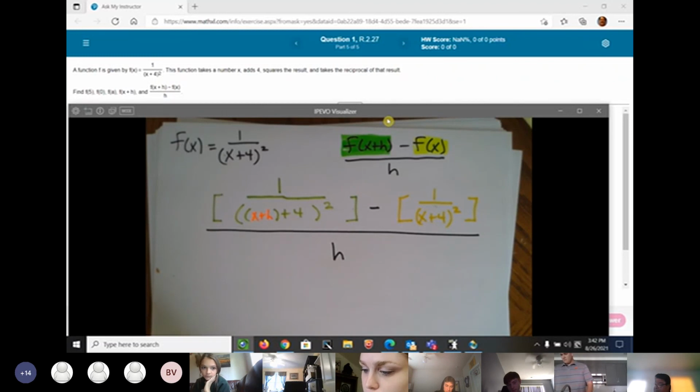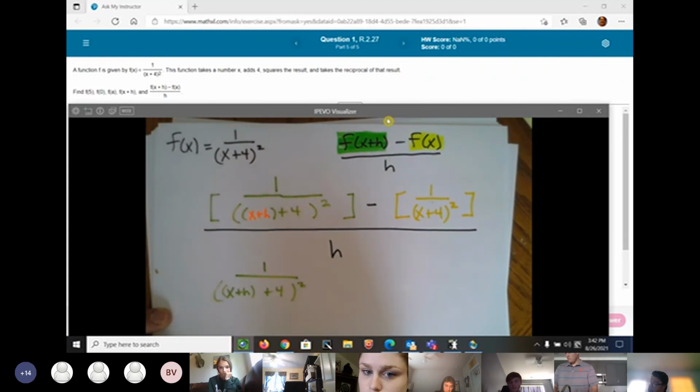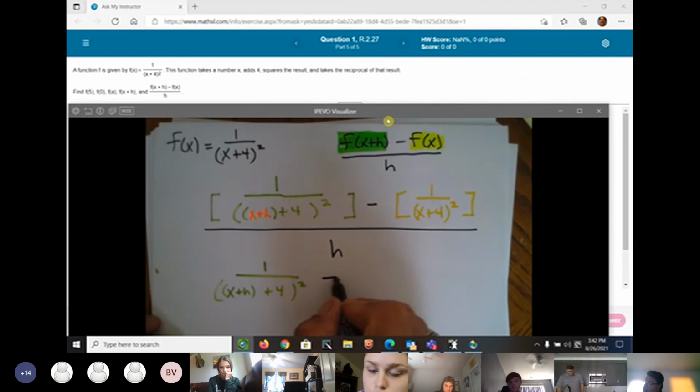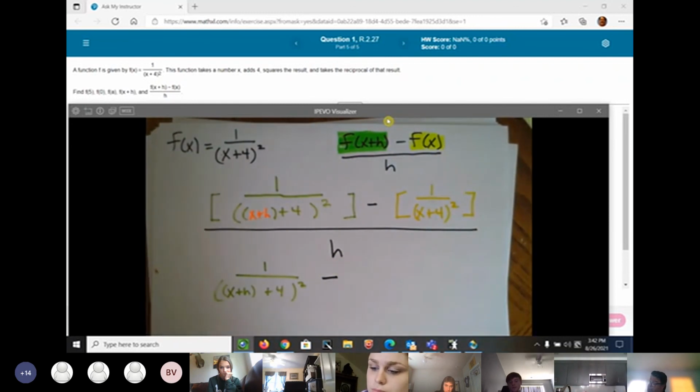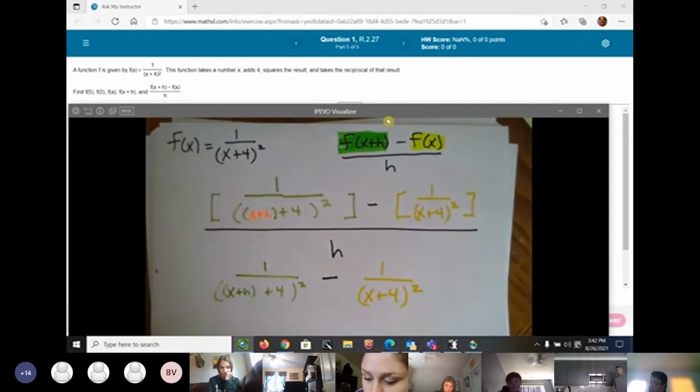Boy, this is a mess. All right, so on the green, nothing really changes. You get 1 over (x + h + 4) quantity squared minus 1 over (x + 4) quantity squared, all over h.